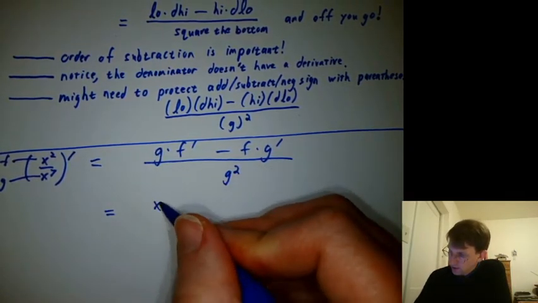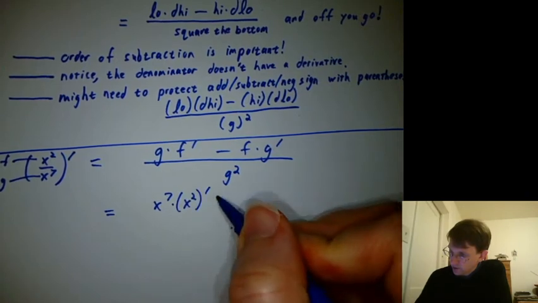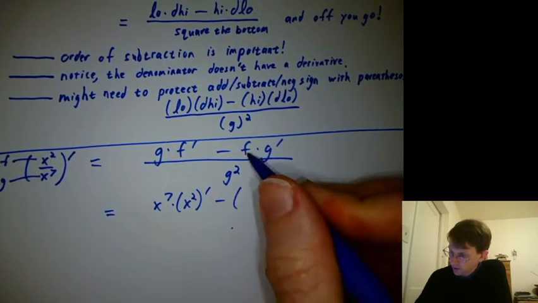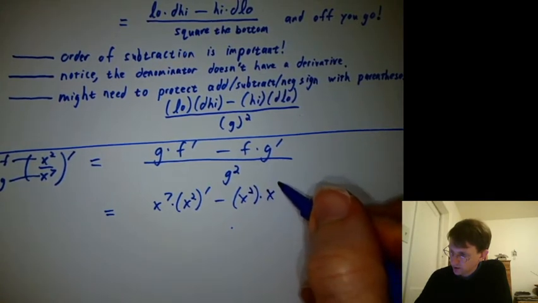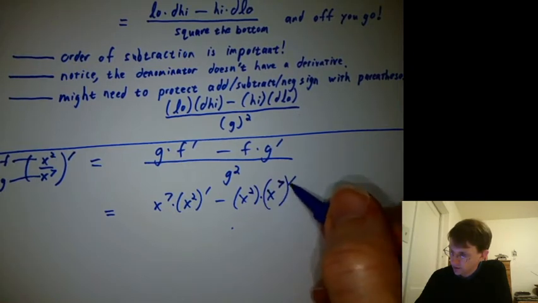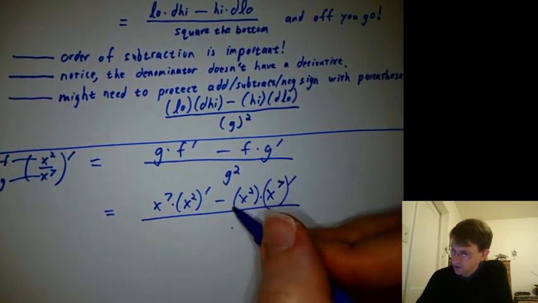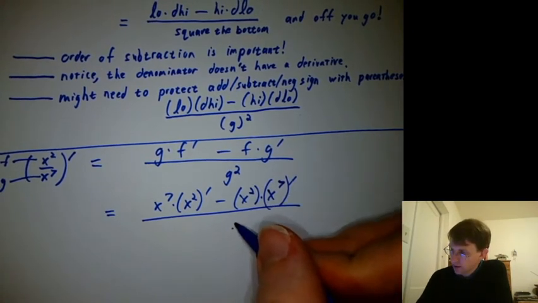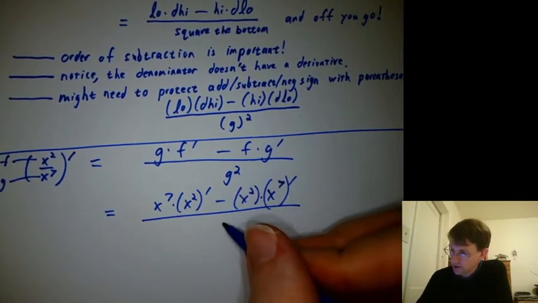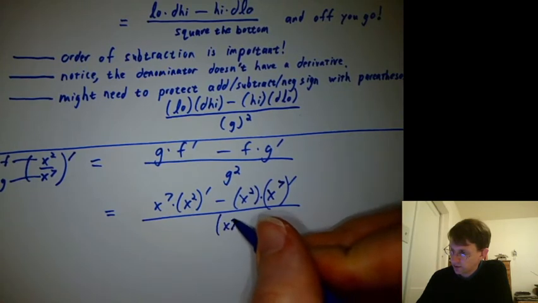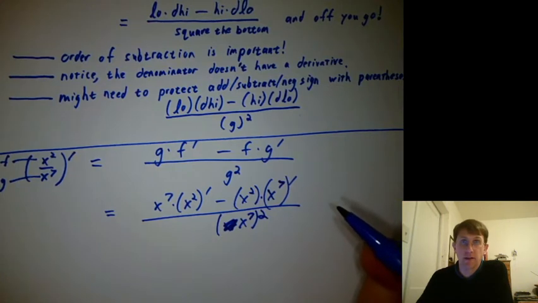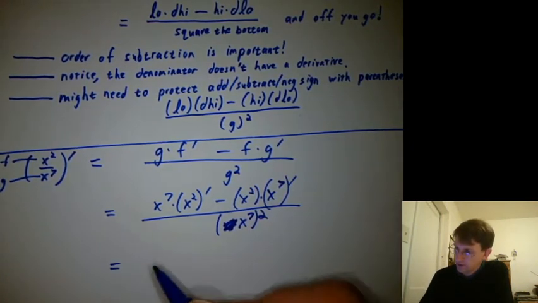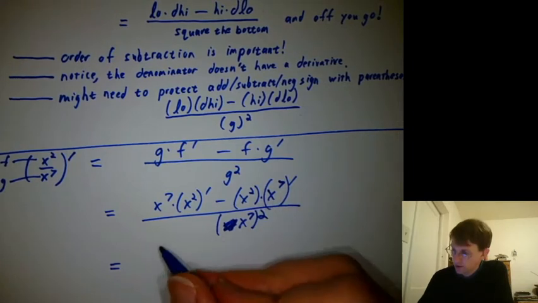So that would be x to the 7th times x squared prime, minus f, which is x squared, times g prime, where g is x to the 7th, like that. Didn't really need those parentheses, but it doesn't hurt. And then g squared, well, g is x to the 7th, and then squaring that. Let's at least simplify until the primes are gone.